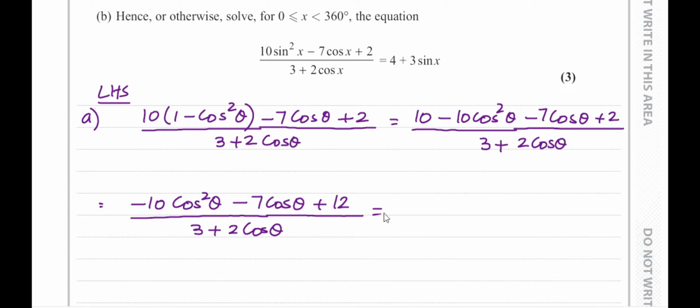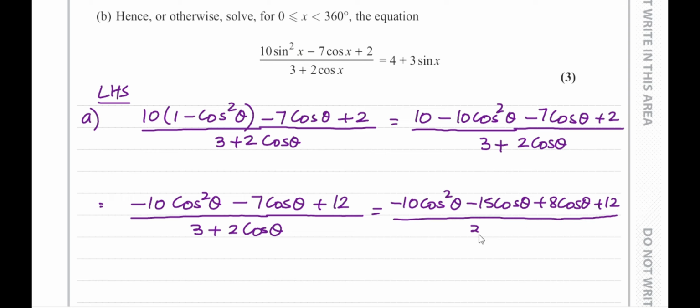Okay, this can be factorized as minus 10 cos square theta minus 15 cos theta plus 8 cos theta plus 12 over 3 plus 2 cos theta.